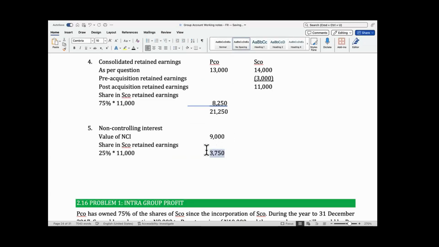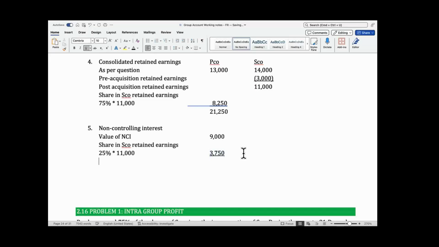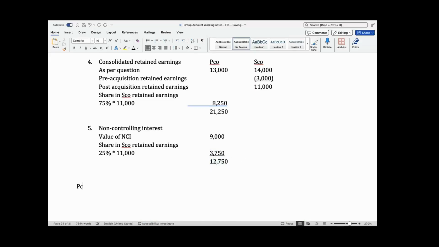Confirm that this is correct. 2,750. And this gives us 11,750. Yes, sir.